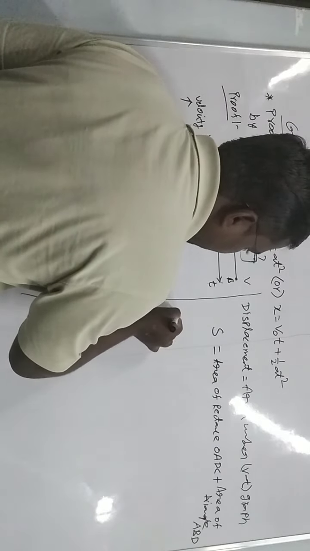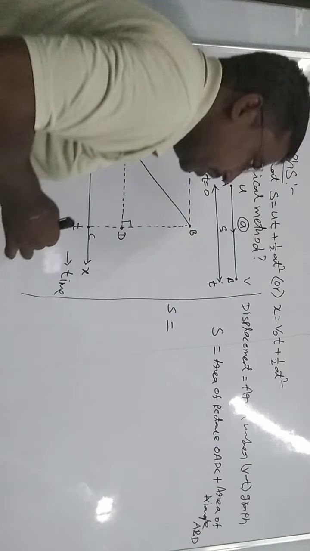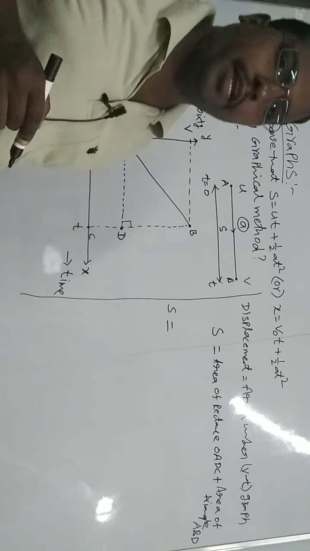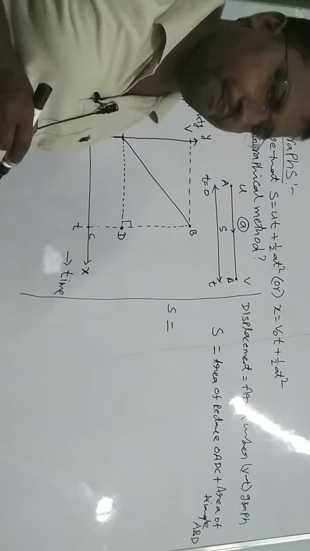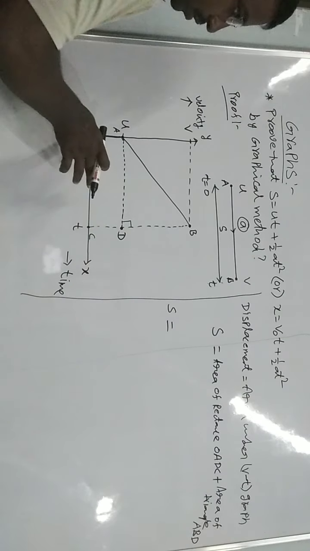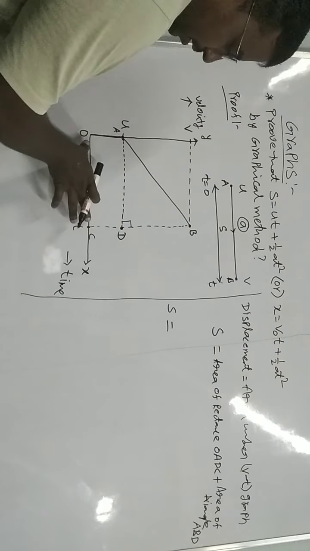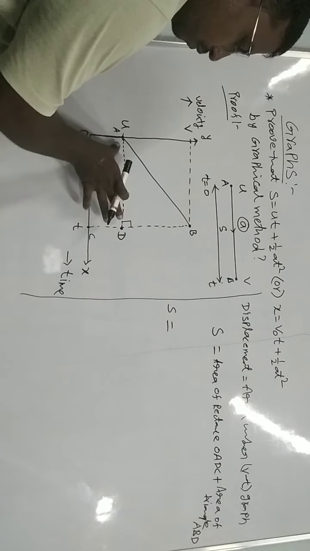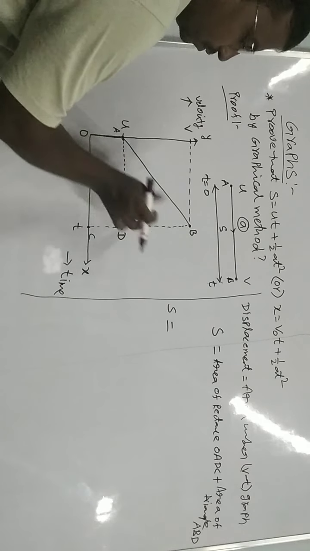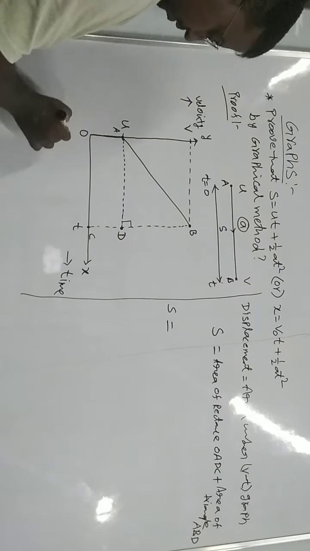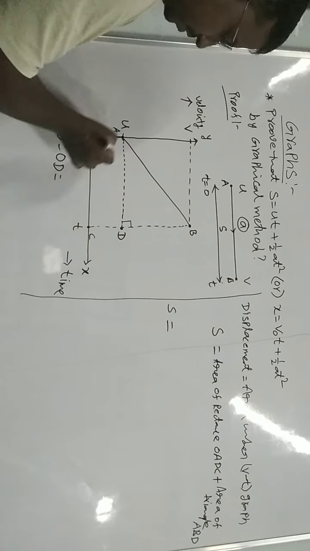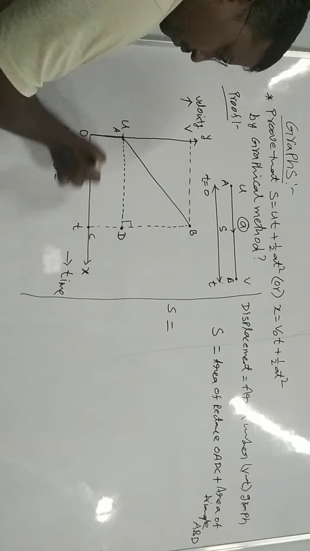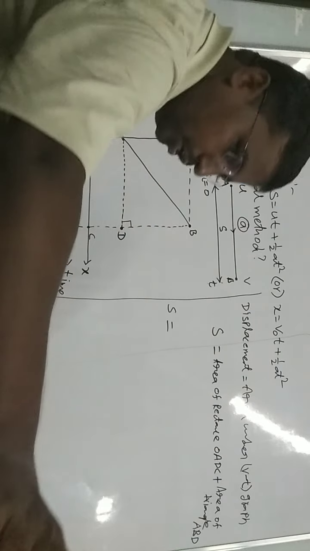Now displacement S equals the area of rectangle OADC. Rectangle area formula: length into breadth. What is the length? Length is OC, or we can take AD also. AD equals OC, not OD.